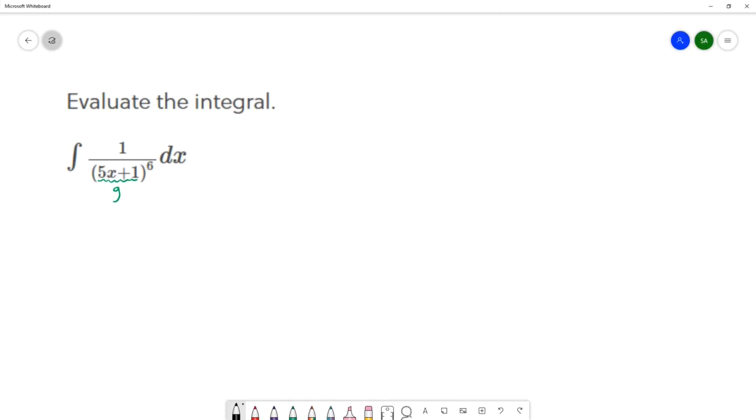So what I'm looking for is this pattern with the composition of two functions. So that composition is when you have f of x being an outside function and g of x being the inside function. And then we also need to have the derivative of the inside function. And if we have this pattern of the composition of two functions and the inside function's derivative being multiplied, then we can apply this antiderivative.